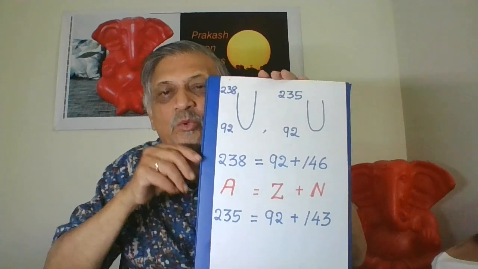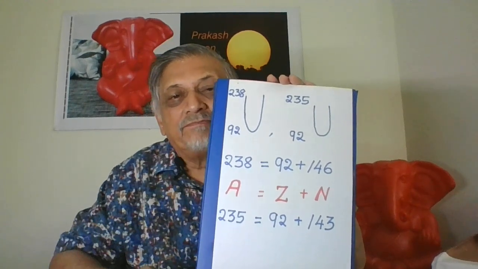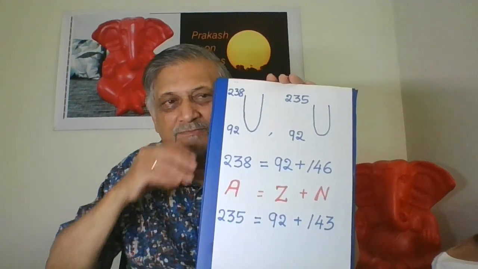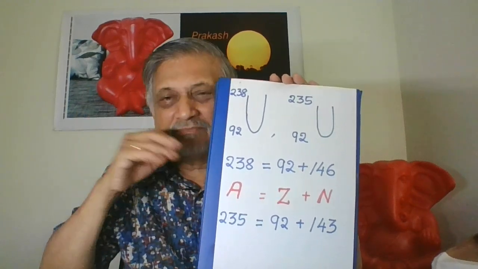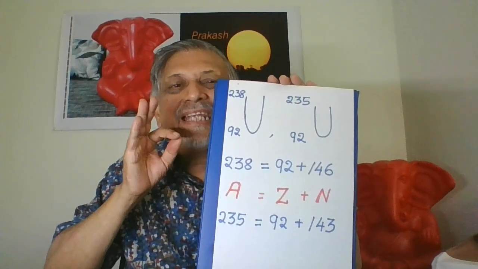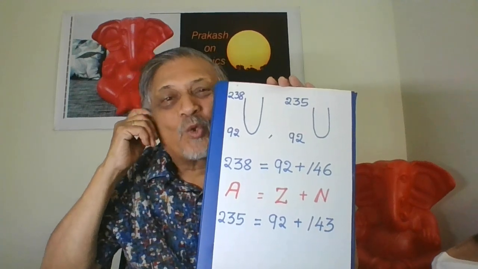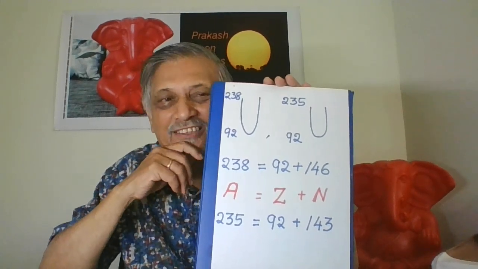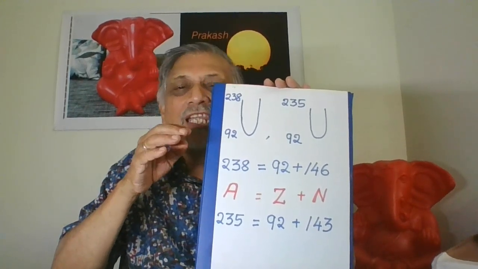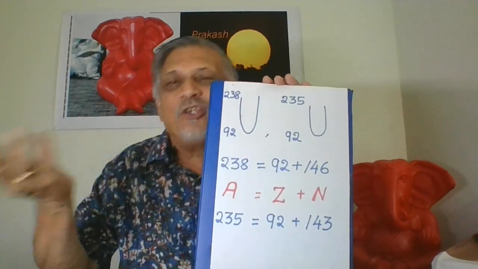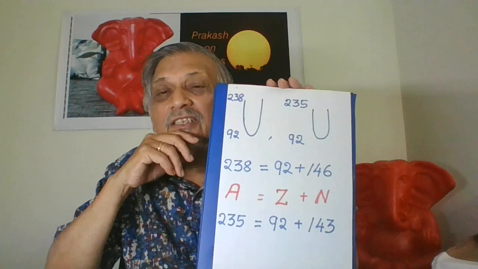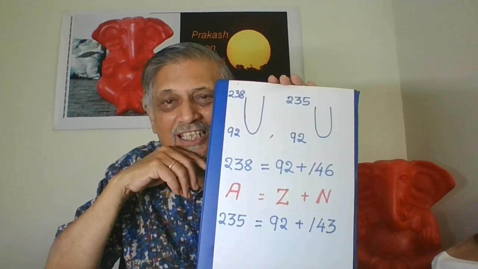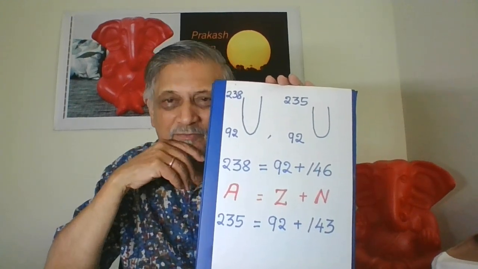If due to some factors there is a change that takes place and Z remains the same, but N, the number of neutrons, becomes different, then obviously Z plus N, that is A, will also be different. So such elements are known as isotopes.